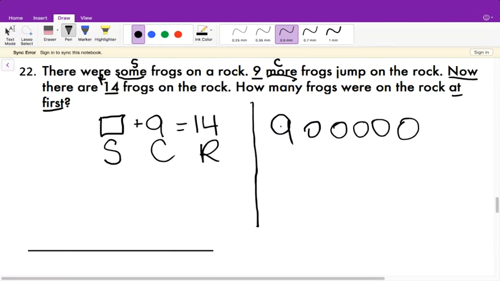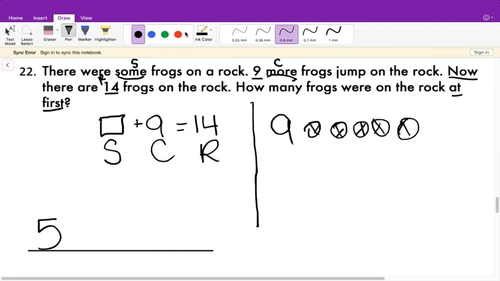I'm going to double check just to make sure I did the right thing. 9, 10, 11, 12, 13, 14. Okay, that looks good. And now I can count these circles to find that missing partner. So I have 1, 2, 3, 4, 5 circles. So I know my answer is 5.